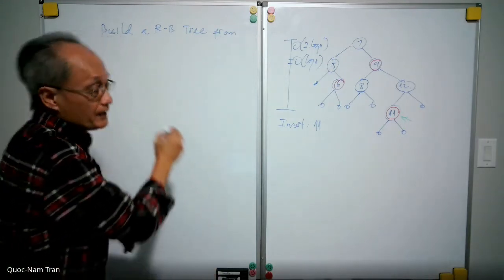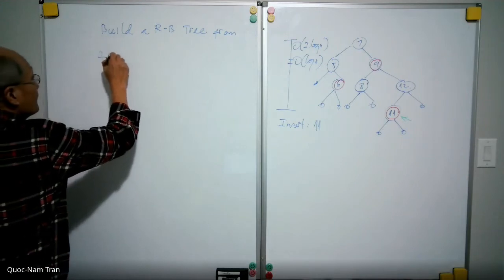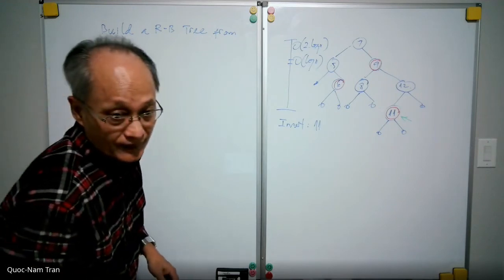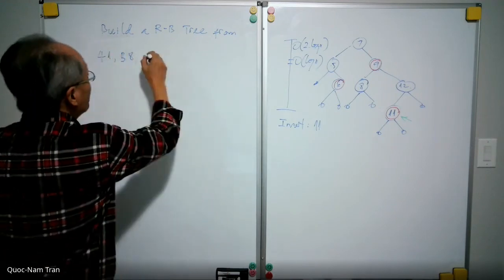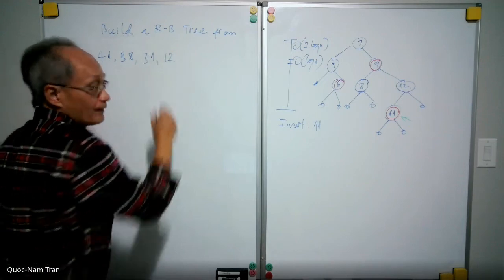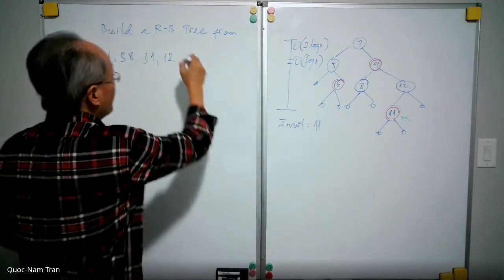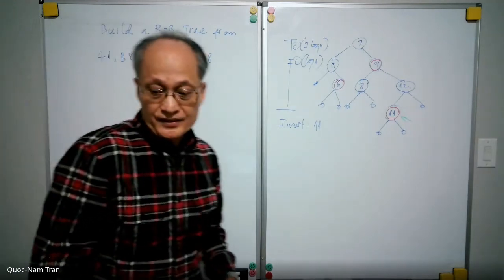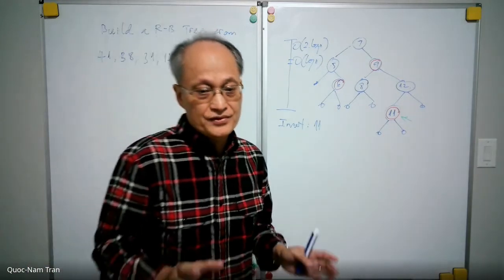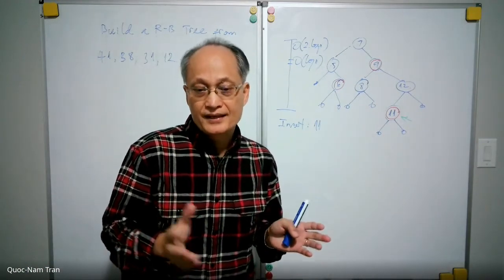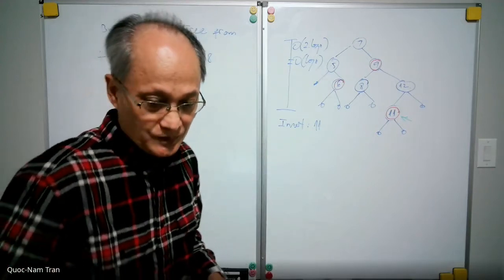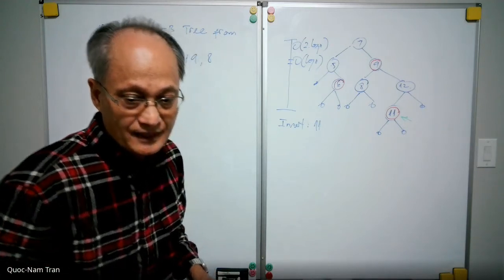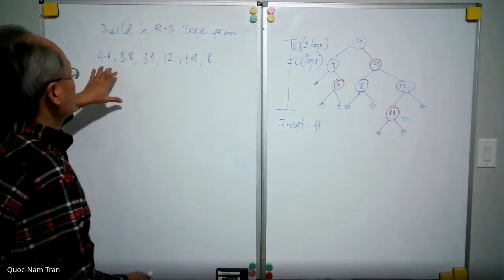We have 41, 38, 31, 12, 19, and 8. Okay, so I will start with the first 3 elements, and we'll ask you to do some hands-on exercise for the rest.